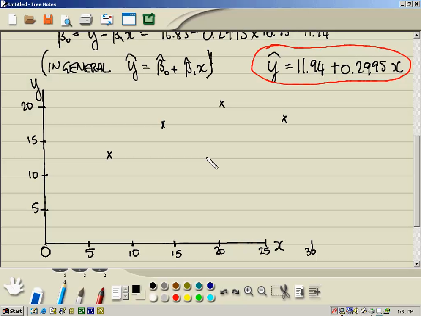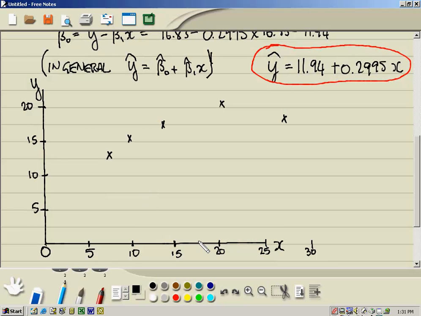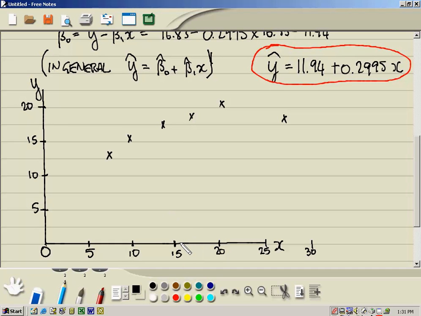9.6, 15.5: 9.6, 15.5 will be around here. 17.6, 18.1: 17.6, and 18.1. 15.9, 13.7: 15.9, and 13.7.